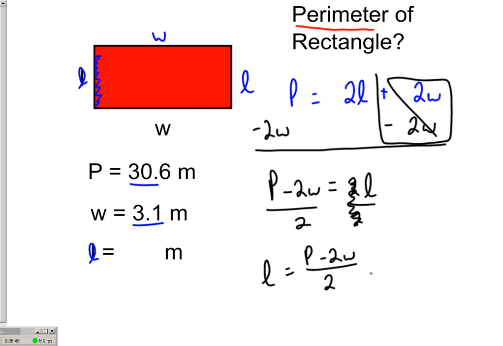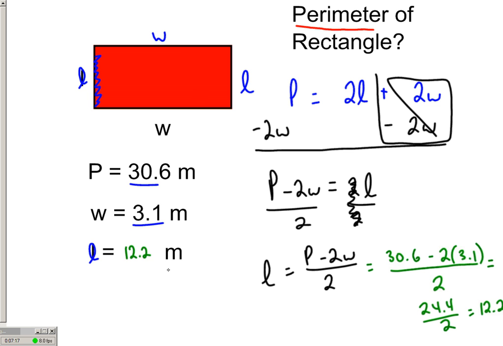And if we go and put in the values that we have, so perimeter is 30.6 minus 2 times 3.1, and divide all of that by 2, we get 24.4 divided by 2, which gives us 12.2 for the width, or excuse me, the length, 12.2 meters. So our diagram makes no sense at all, but it's not drawn to scale. We're just using that as a representation of a rectangle.